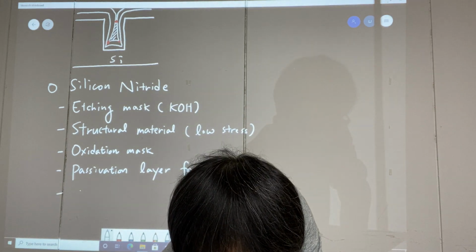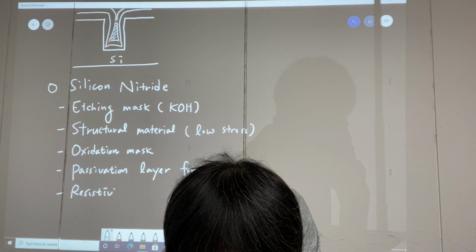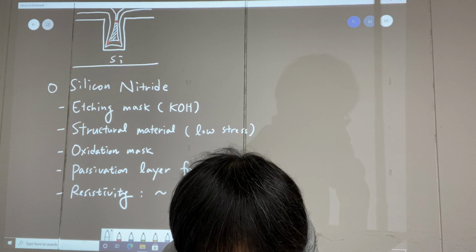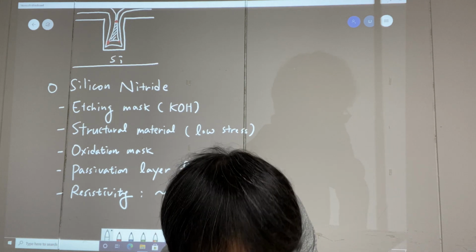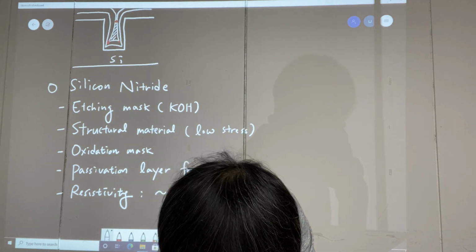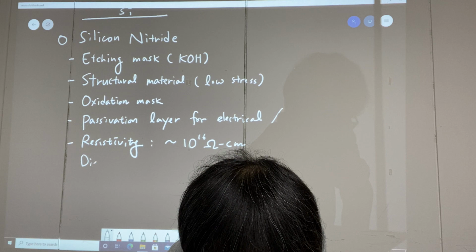Okay. Well, why can we use silicon nitride as electrical passivation layer? Because of high resistivity. Resistivity of the silicon nitride is around 10 to the 16 ohm centimeter, which is super high. And also dielectric strength.